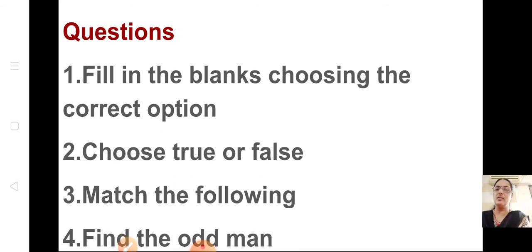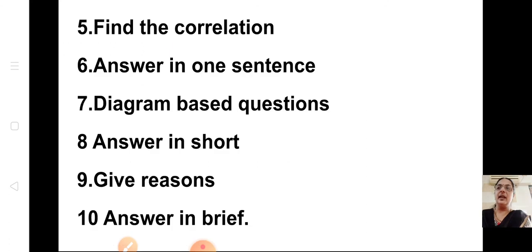Match the following, and find the odd man out. You can also get questions like find the correlation, for which options will be given. Answer in one sentence, also with options, where you have to choose the correct answer. Diagram based questions, where a diagram will be given along with questions and options, and you have to choose the correct option.